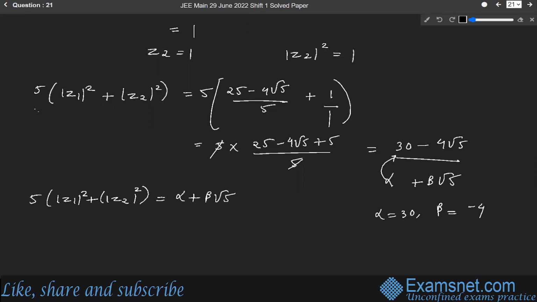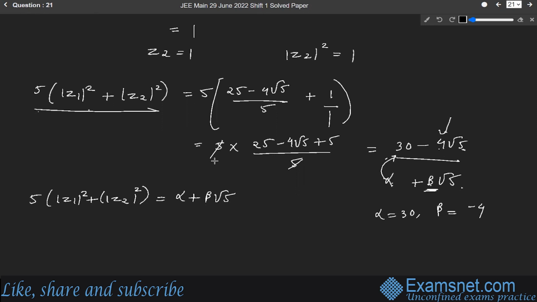We have calculated it to be 30 minus 4 root 5. So we have to compare this value: 30 minus 4 root 5 is equal to alpha plus beta root 5. So when we compare, alpha is equal to 30 and beta is equal to minus 4. What is beta here? It is the coefficient of root 5. And what is the coefficient of root 5 here? It is minus 4. So beta will be equal to minus 4.